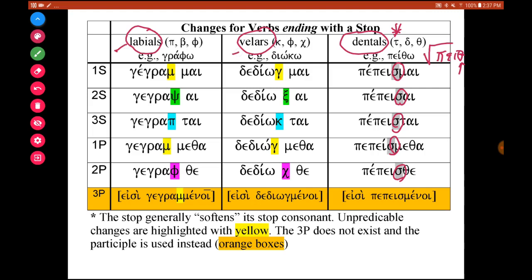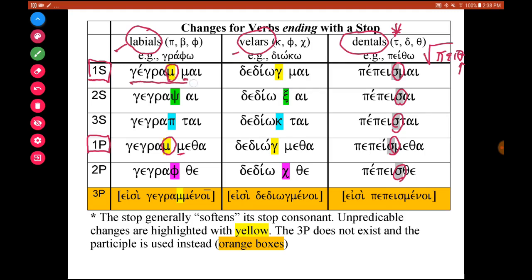And generally what I would like to say is that if you look at the first person singular and the first person plural, the labials and velars try to soften the sound, and they do it by two different ways. The labials tend to reduplicate the mu of the mai and the metha, so it drops the labial and instead has another mu added to the stem.